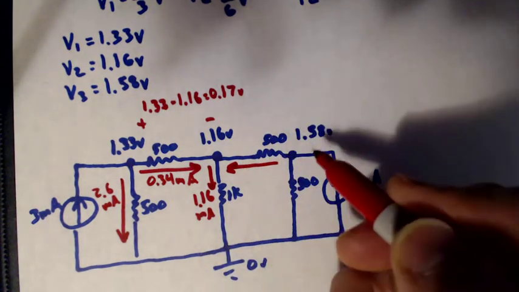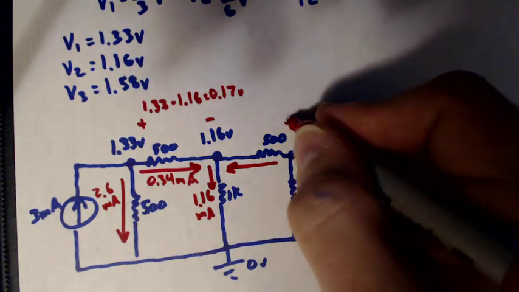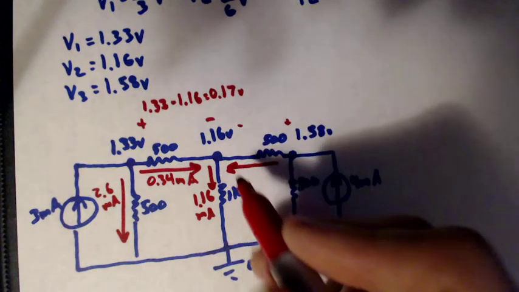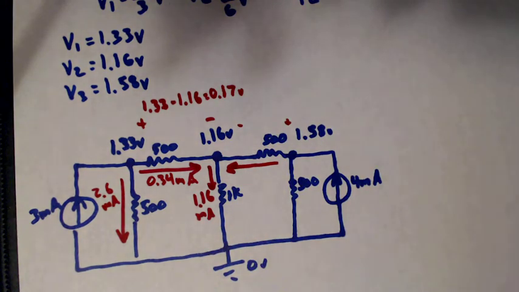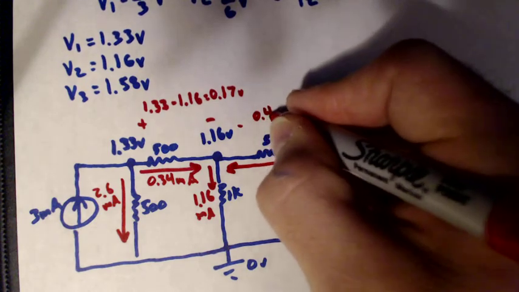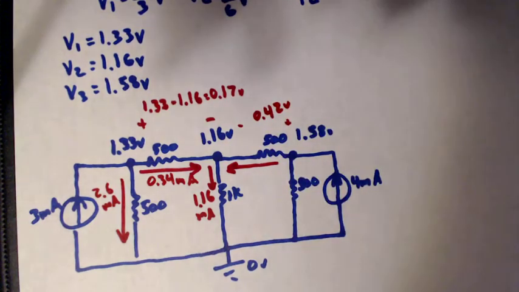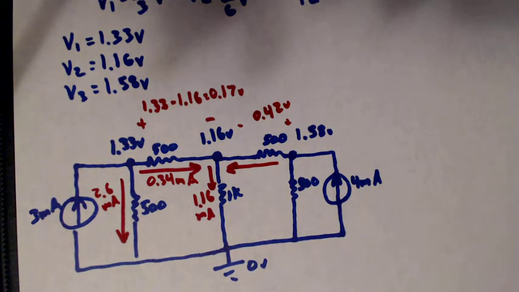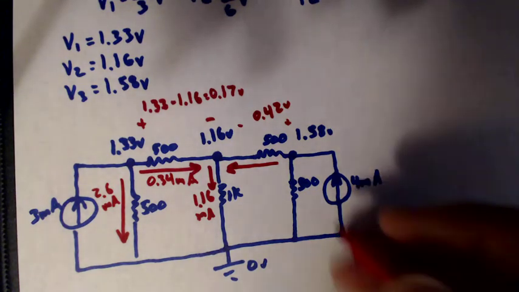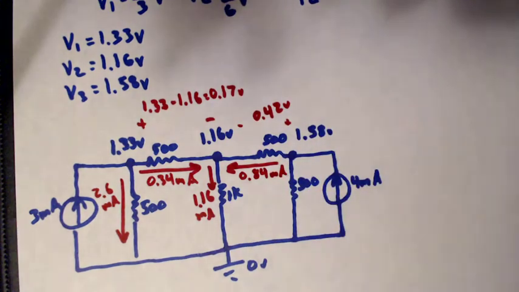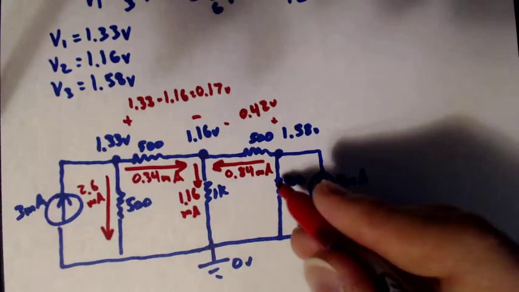And if I want to figure out the voltage drop across this, I can go ahead and say, well, this side was higher than this side. 1.58 minus 1.16 is 0.42 volts. 0.42 volts divided by 500 is 0.84 milliamps. All right, perfect. We're on to the last one over here.